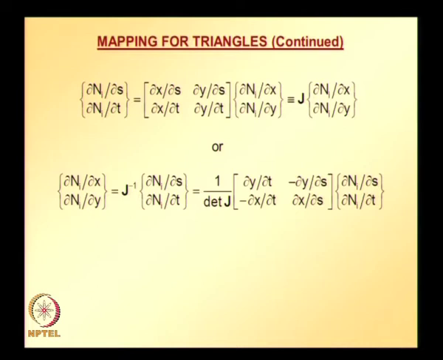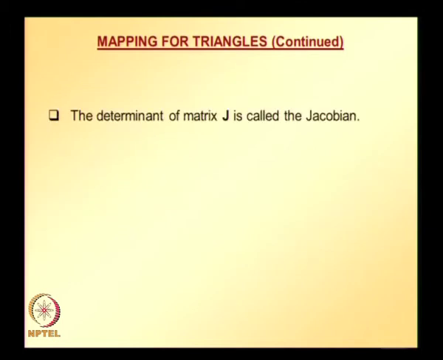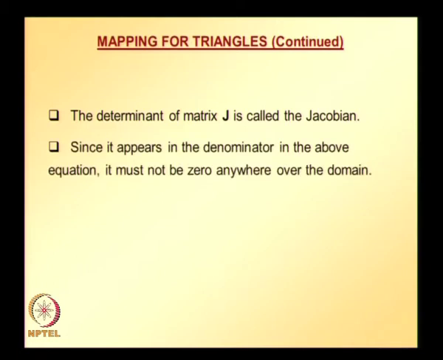One of the requirements is that the determinant of J should not be equal to 0, and the determinant of J is defined like this. In the last class we discussed some of the requirements: since the determinant appears in the denominator in the above equation, it must not be 0 anywhere over the domain.